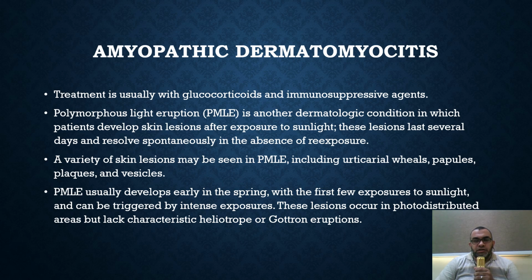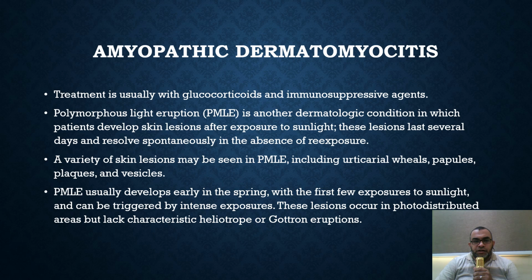There are some differential diagnoses of this case. The first one is polymorphous light eruption, PMLE, which is another dermatological condition in which the patient develops skin lesions after exposure to sunlight. These lesions last several days and resolve spontaneously in the absence of re-exposure.